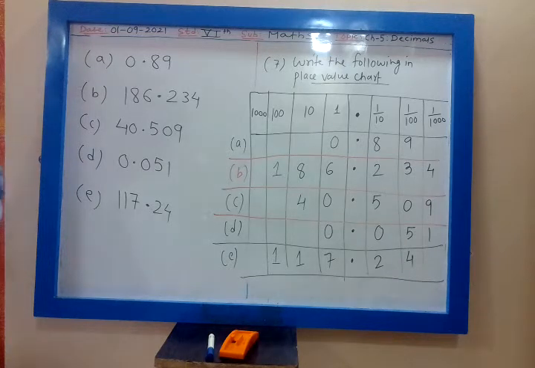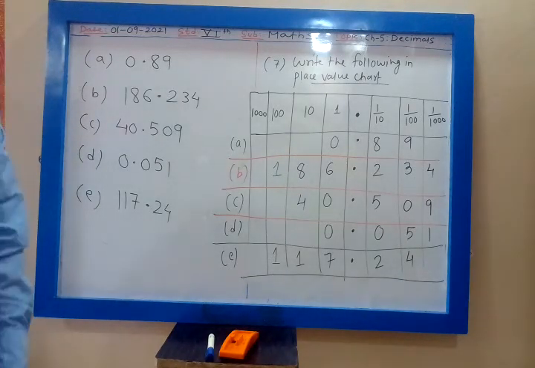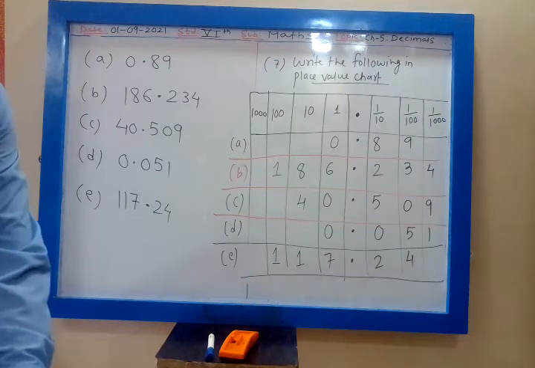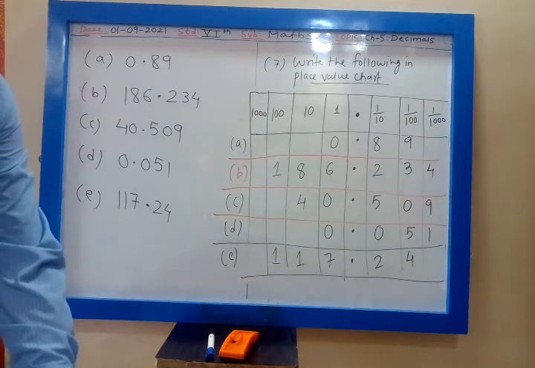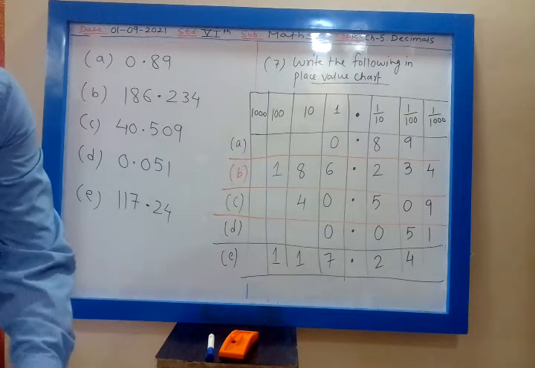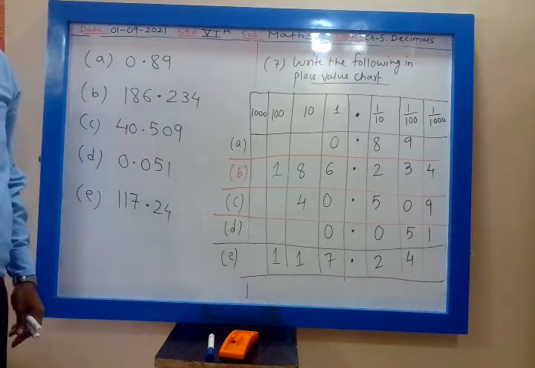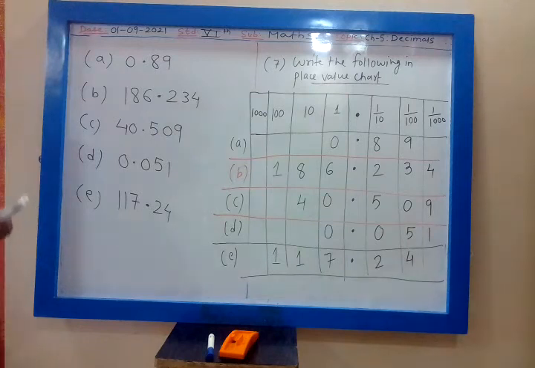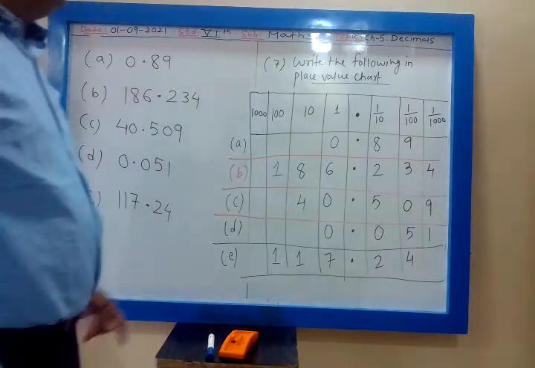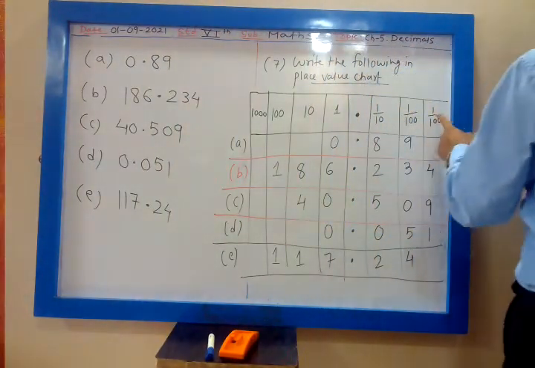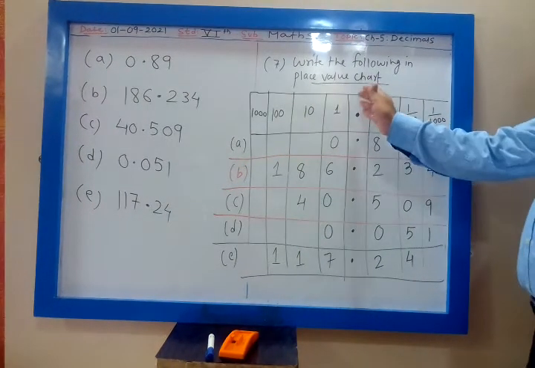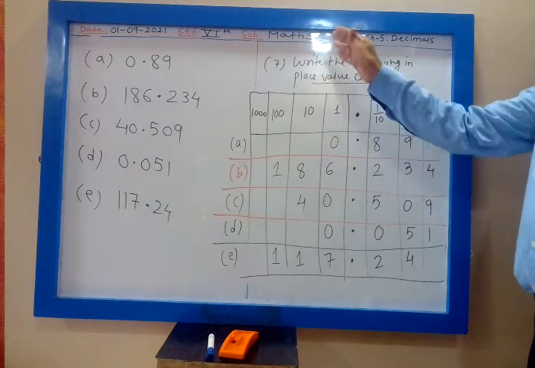After the decimal it is tenths, hundredths, thousandths. Before the decimal it is ones, tens, hundreds, thousands.